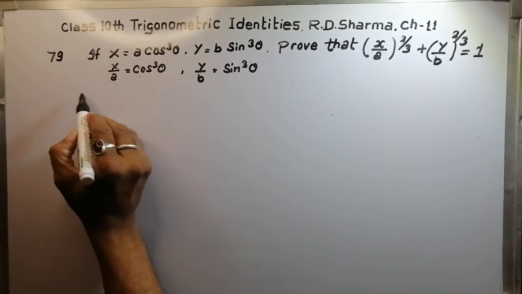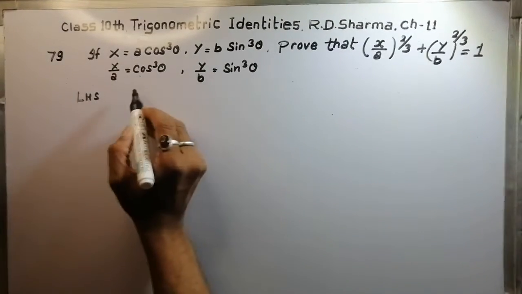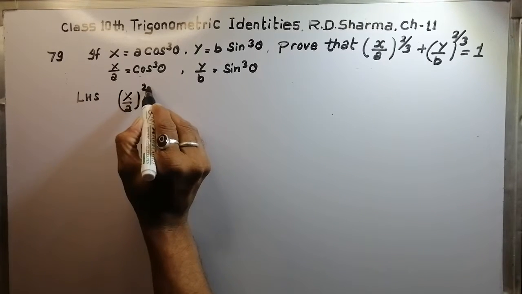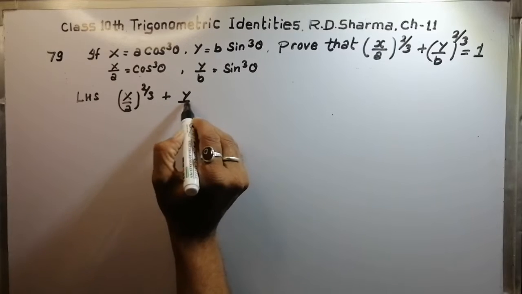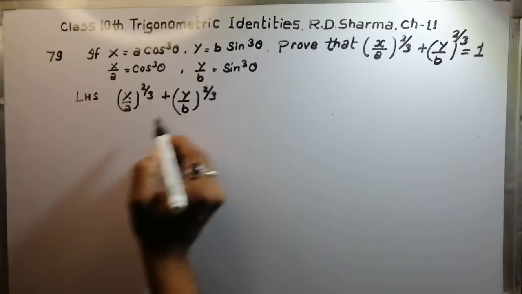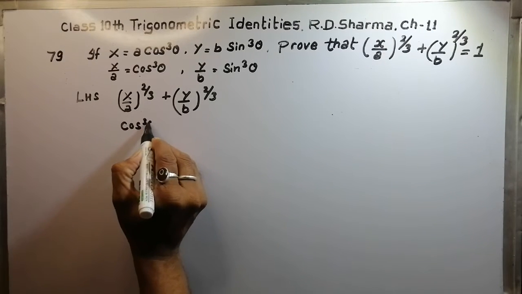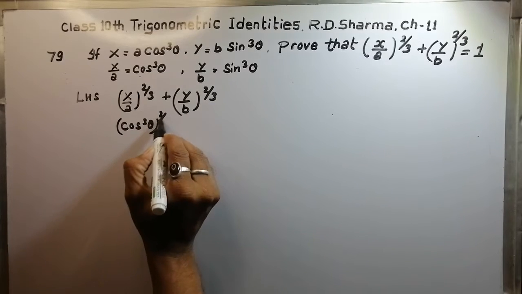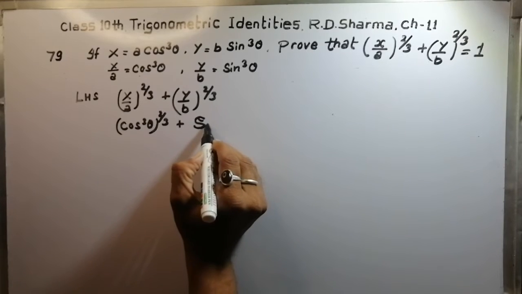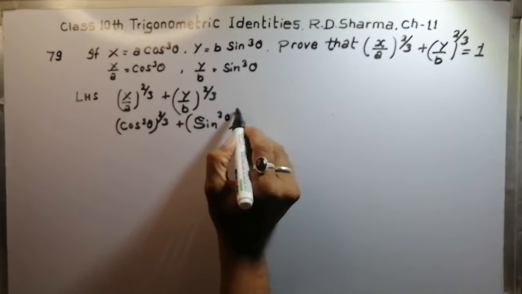So if you put the value of this in left hand side equation, like x upon a raised to 2 by 3 and plus y upon b raised to 2 by 3, we can write here cos cube theta raised to power 2 by 3 and plus sin cube theta raised to power 2 by 3.